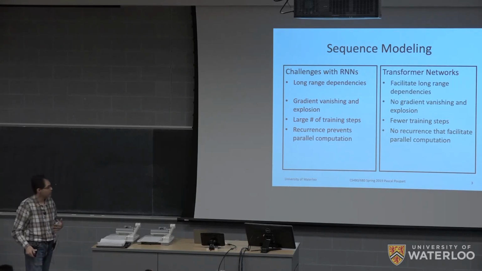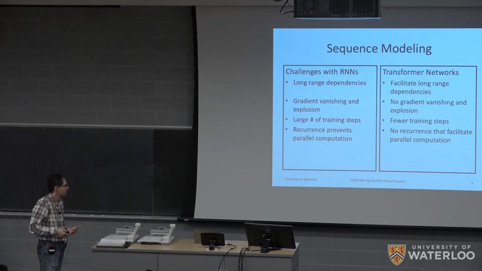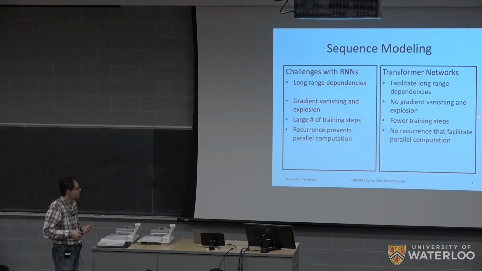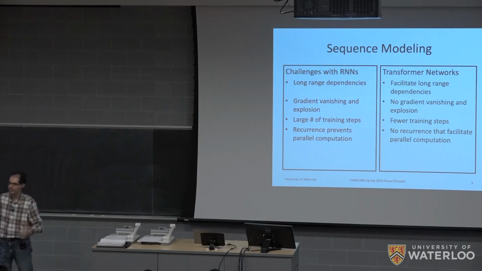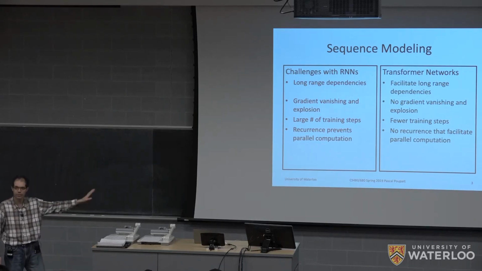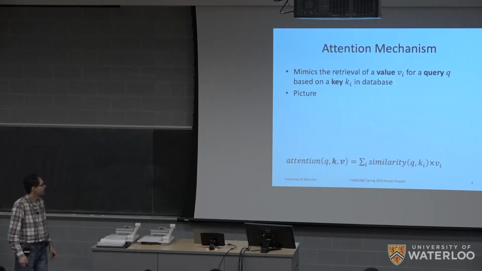So gradient vanishing and explosion won't be as much of an issue. In terms of steps, it will take much fewer steps to train as well. And then, because there's no recurrence in those networks, we're going to be able to do the computation in parallel for every step. So this is really nice. I guess we've got lots of great advantages for those transformer networks.